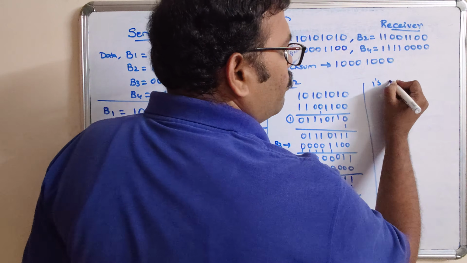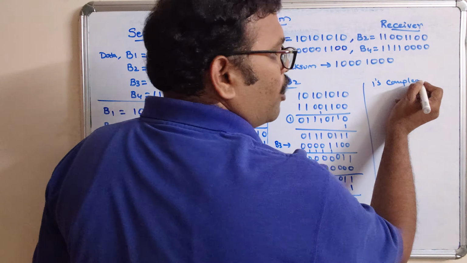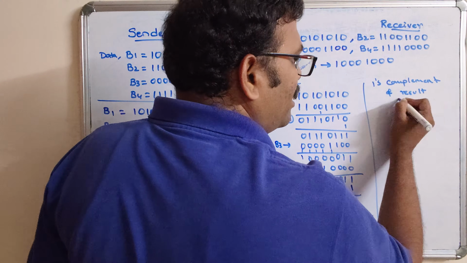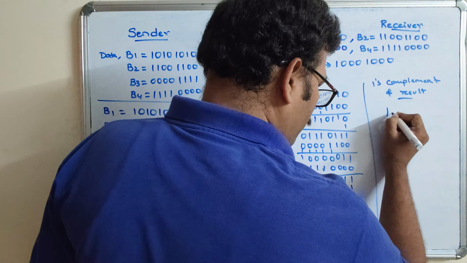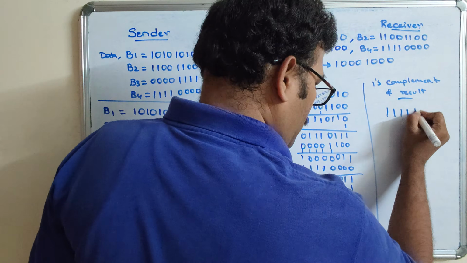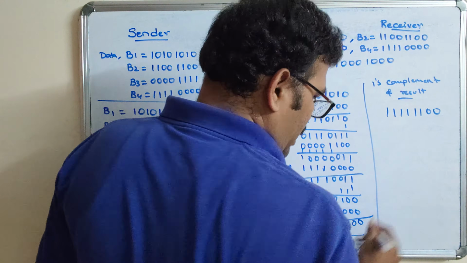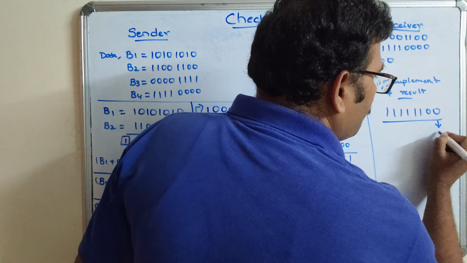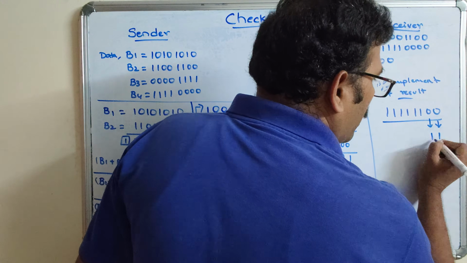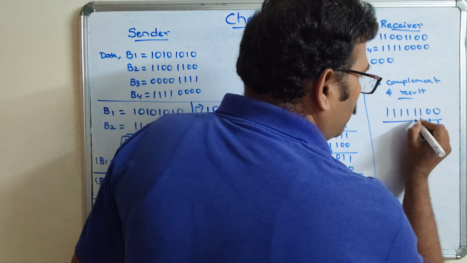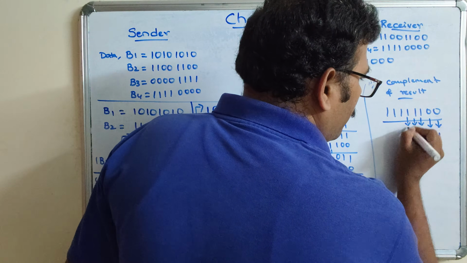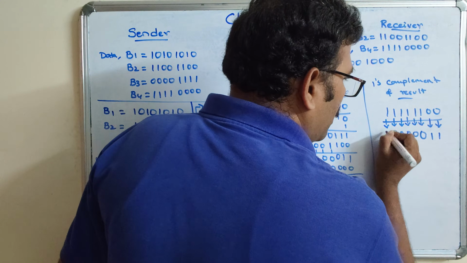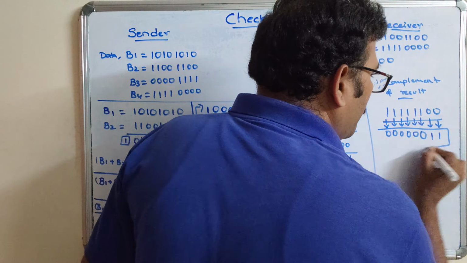Now we need to apply the ones complement of the result. What is the result here? 1 1 1 1 1 1 0 0, and here we are applying the ones complement, which becomes 0 0 0 0 0 0 1 1. So this is the ones complement.